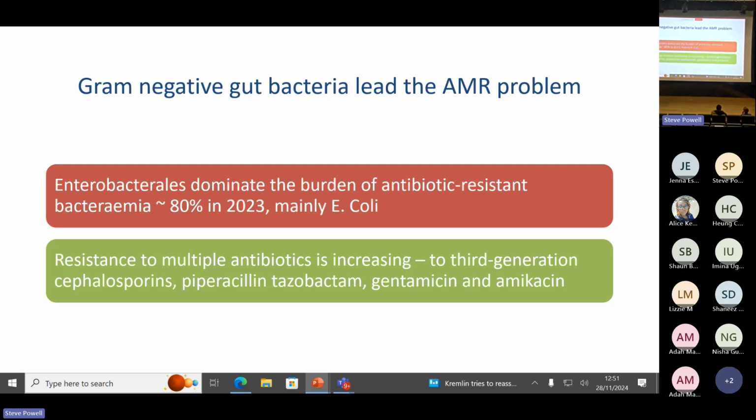E. coli is the main cause of bacteremia, although in fact we'll learn later it's Klebsiella that's probably the worst offender now in terms of our very highly resistant organisms. But we're talking about resistance to our workhorse antibiotics. So the cephalosporins, cefuroxime, ceftriaxone, piperacillin, tazobactam, gentamicin, and amikacin.